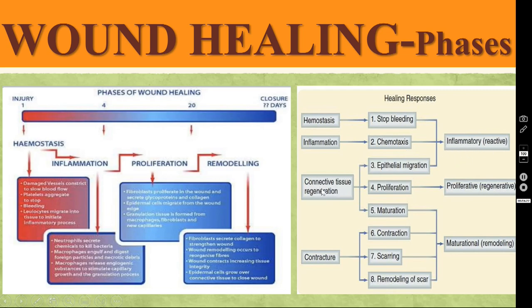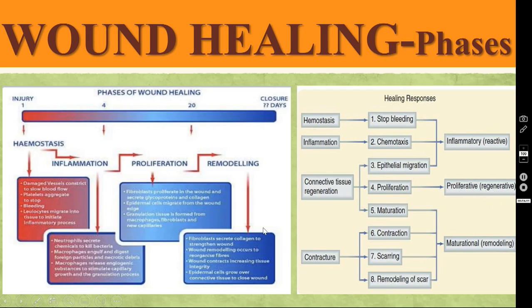Then the proliferative phase, that is the connective tissue regeneration, where epithelial migration and proliferation are taking place. The main cell here is the fibroblast. This is the proliferative or regenerative phase.